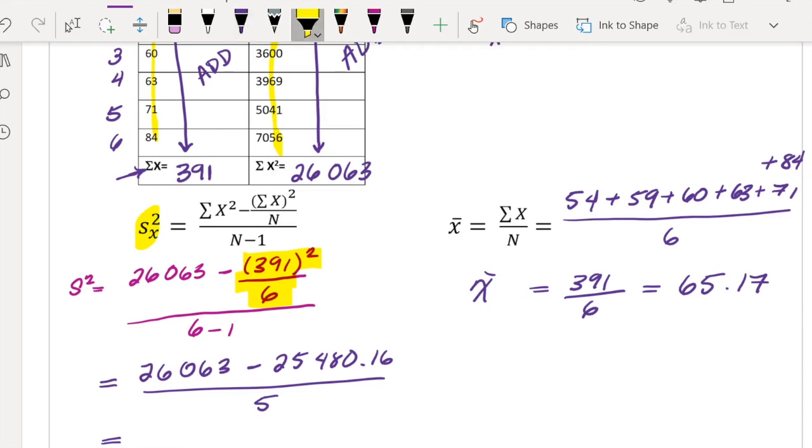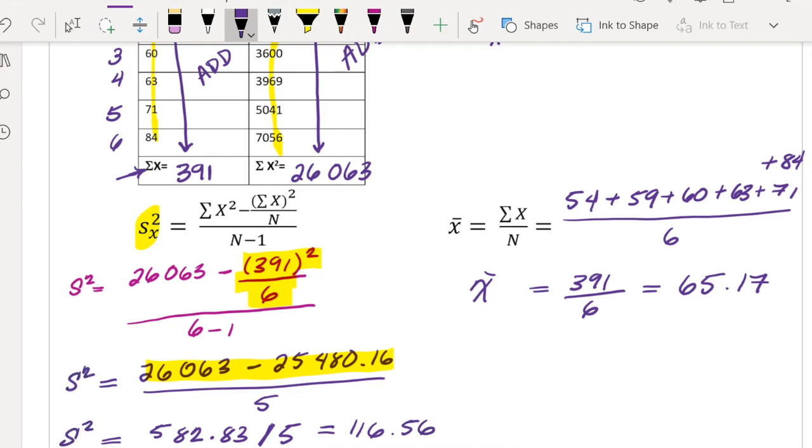I do this subtraction next, and that gets me this number, 582.83, and then I still have to divide by 5. And when I do that, I got 116.56. So remember, this is S squared, so it's the sample variance.